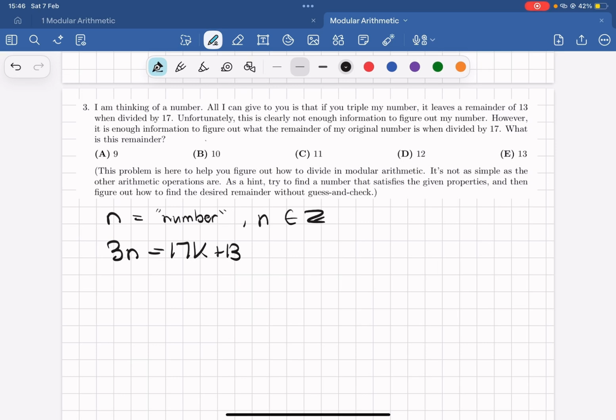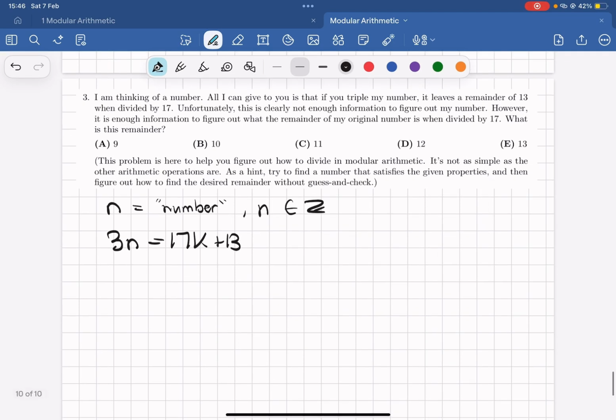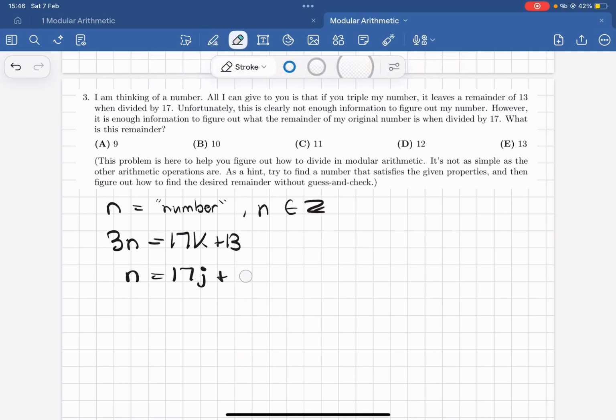However, it is enough for me to figure out the remainder of my original number when divided by 17. So n equals a multiple of 17, let's use j, plus r, and we are trying to find out r here, where r is the remainder.